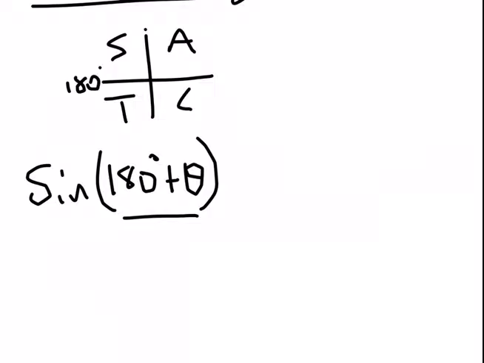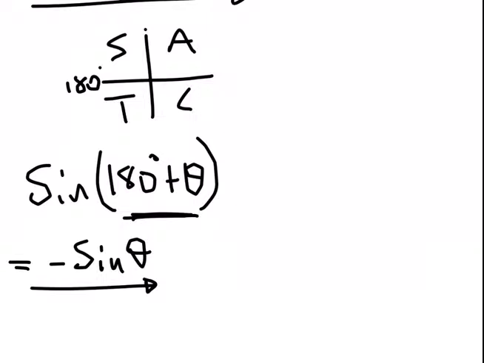Since it is in the third quadrant, is sine positive in the third quadrant? No, it's negative. That's why you will just write negative sine of an angle. Then you are done.